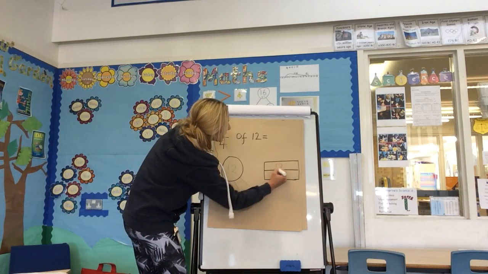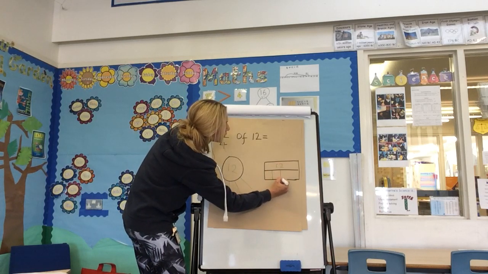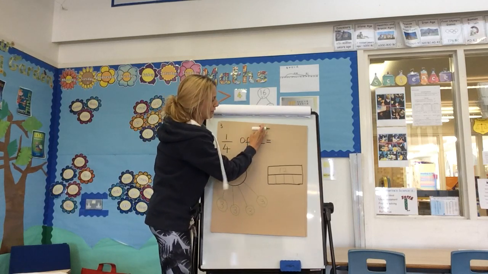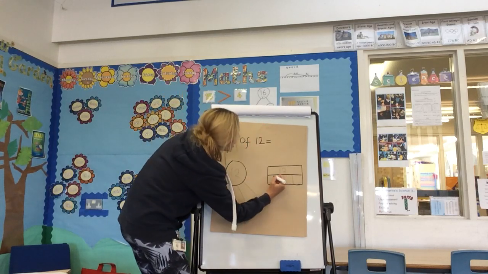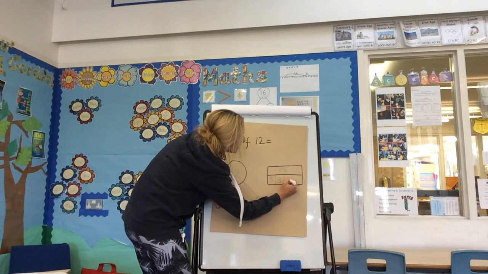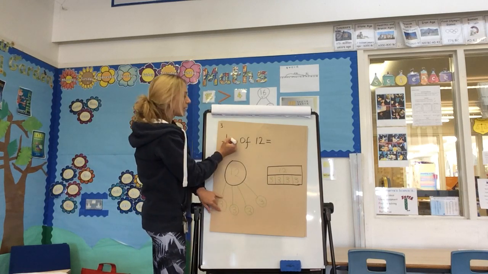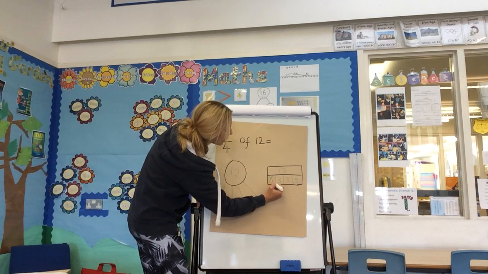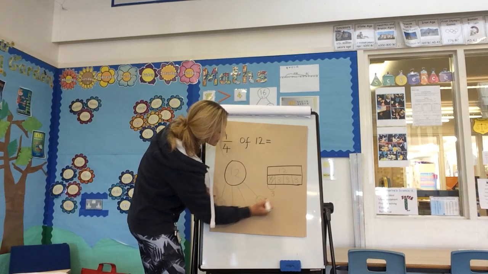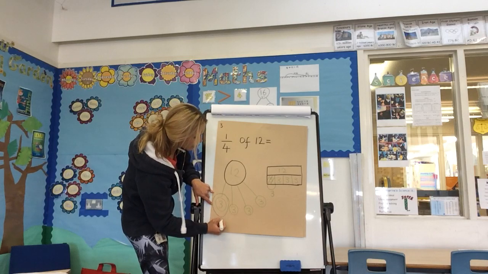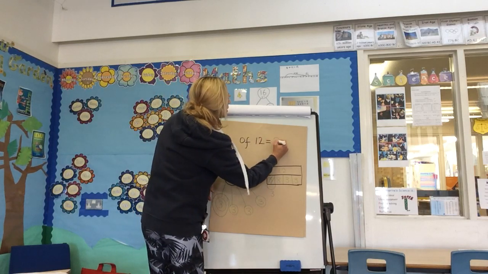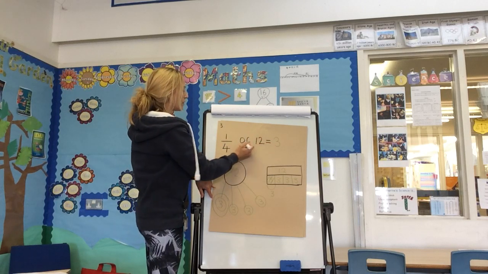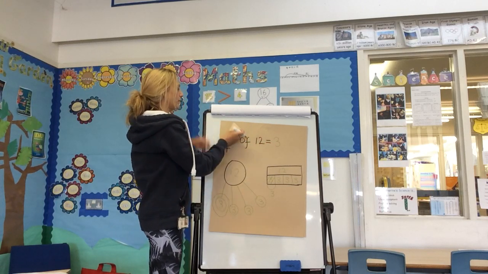I'm going to split my bar into 4 because that's my denominator: 1, 2, 3, 4. And each one is 3. 1 is my numerator, so I need 1 quarter, and that is 3. 1 quarter of 12 is 3. 3 times 4 is 12.